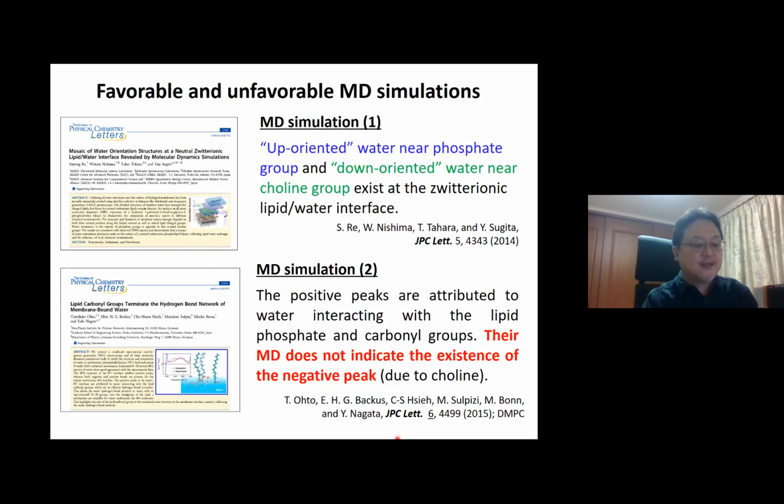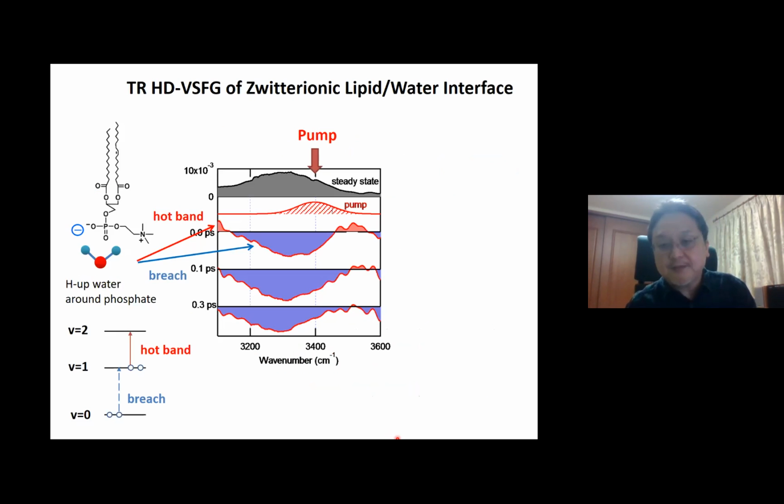Then we had to do something. So we carried out time domain measurements. And first I show the one-dimensional time domain spectrum. This is a steady state spectrum, and we excite the pulse here, right? Then immediately after excitation, we expect the negative bleach in this region, but in this region we also observe a positive bleach, meaning that this positive peak does not consist of just one positive peak.